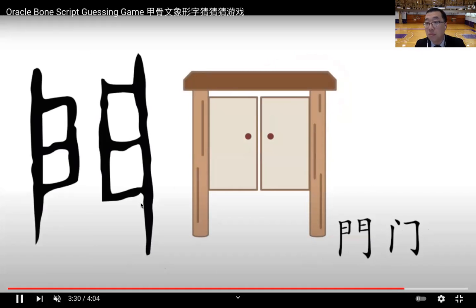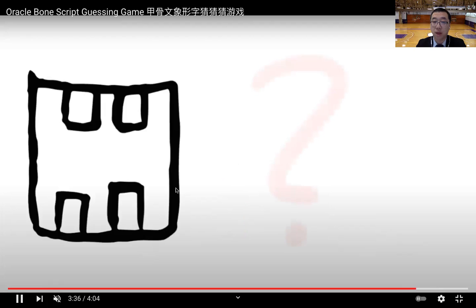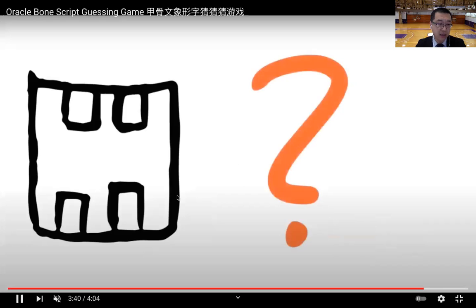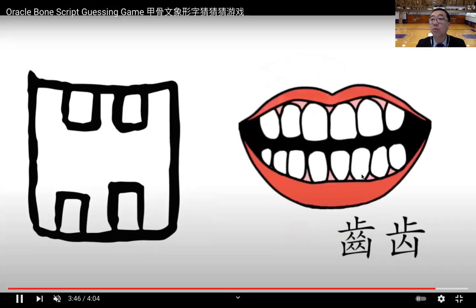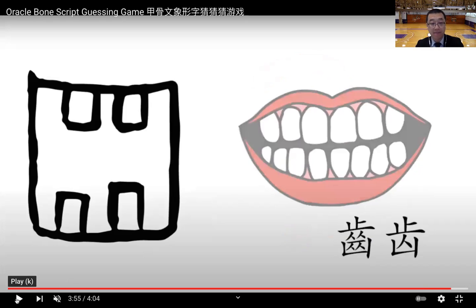But that's 门, a door. Oh, this one is challenging. So what does that look like? If you open wide and show your teeth. Yes, they are big teeth. So this is 齿, it means teeth.